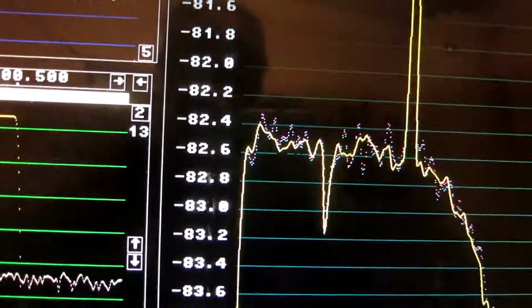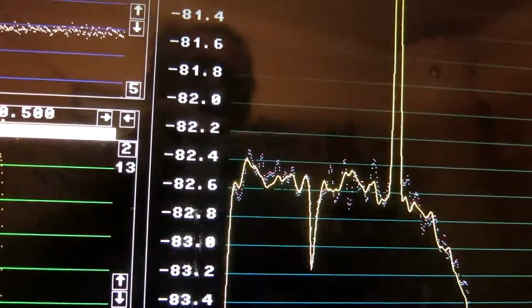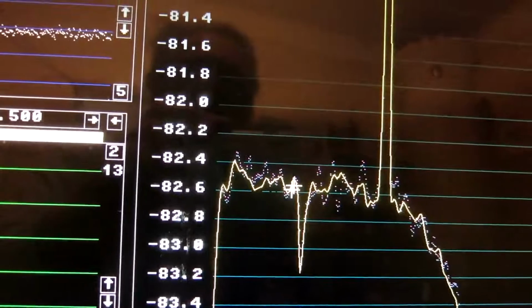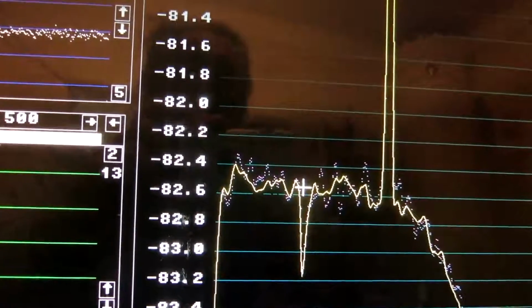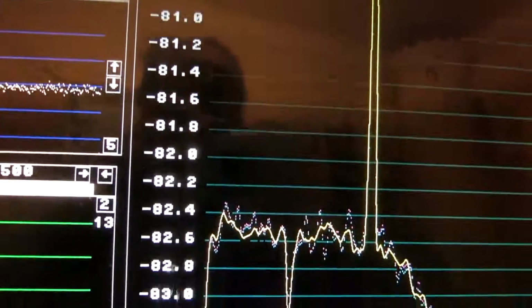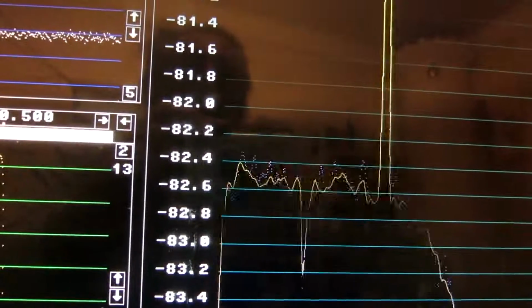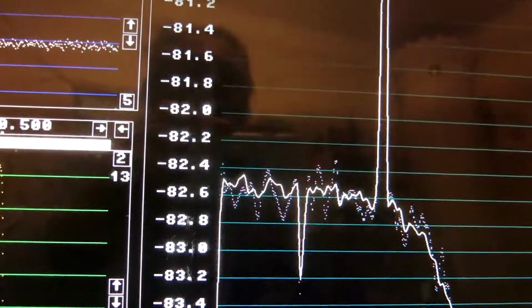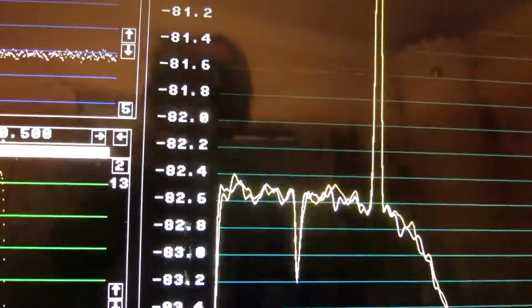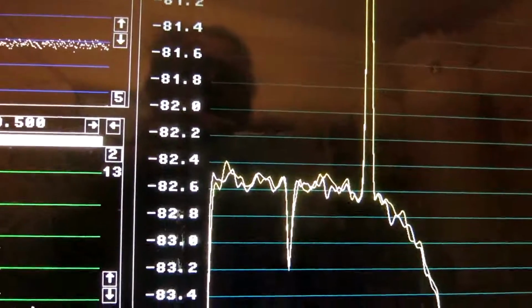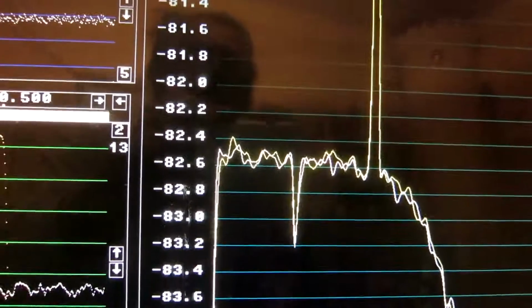8,000 averages. The phase noise is at 82.55 approximately, here somewhere, and the AM noise is similar, and here is AM noise and phase noise at the same time.